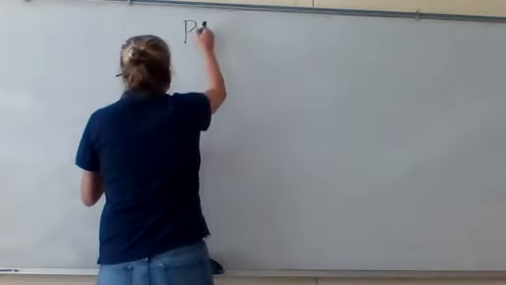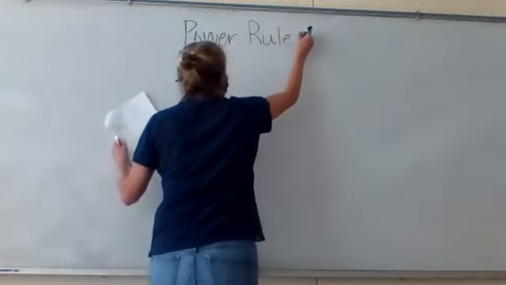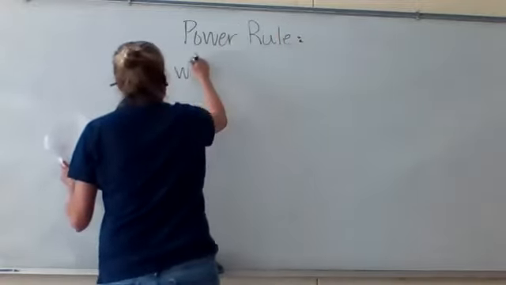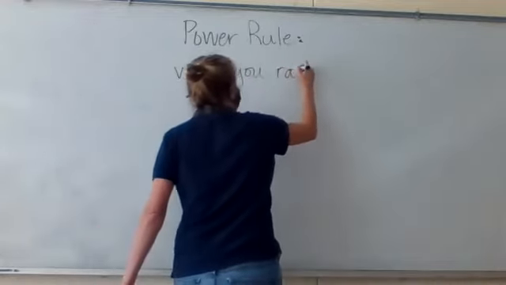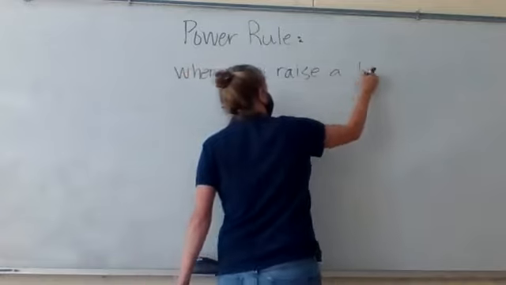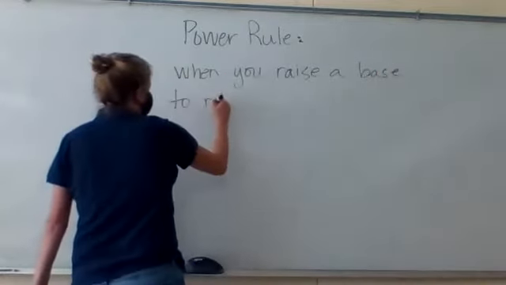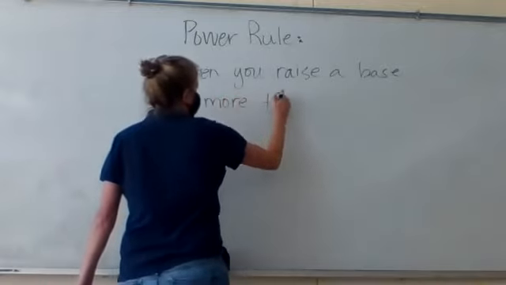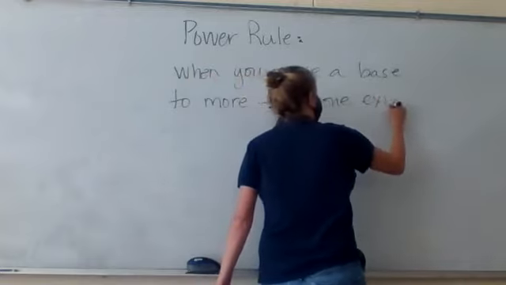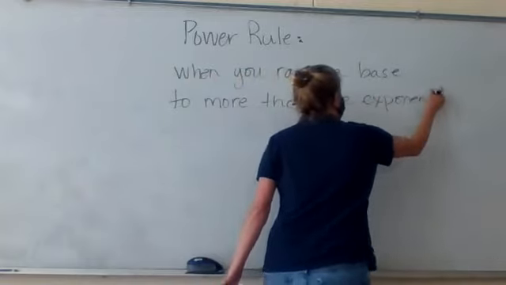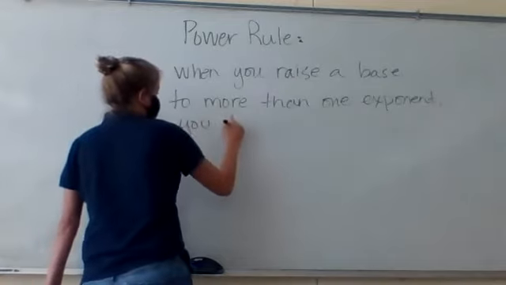The power rule, which is the other rule that we're going to talk about today. The power rule of exponents says when you raise a base to more than one exponent, you multiply the exponents together.